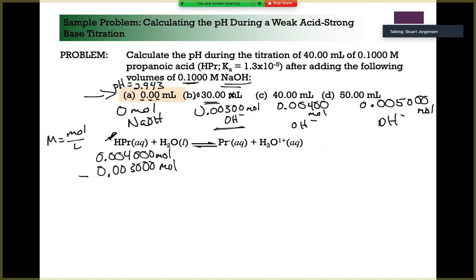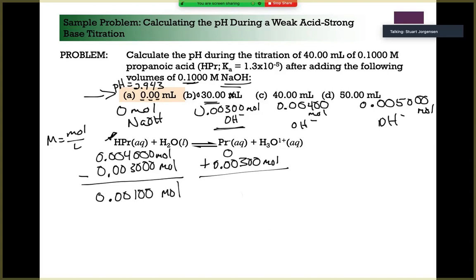And every time that happens, it's going to make 0.00300 moles of our conjugate. Originally it was 0, but now there's going to be some in there. So after I've neutralized, at part B, I'm going to have 0.00100 moles of my acid left over. I now have 0.00300 moles of my conjugate base floating around in there.